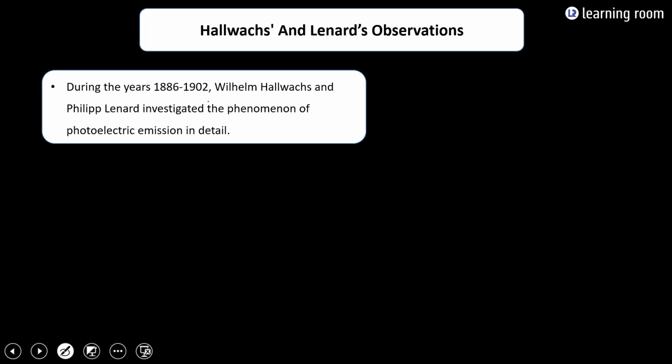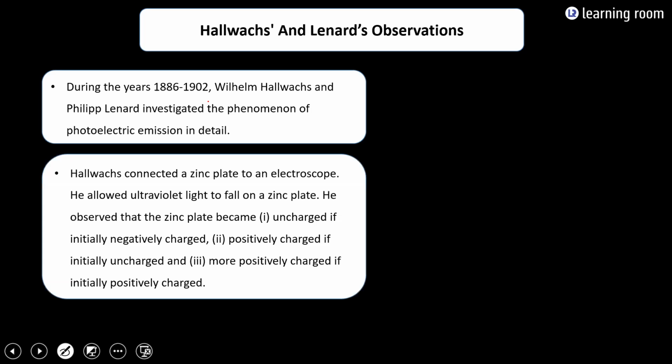Later came two other scientists, Hallwachs and Lenard. They took up this concept of why this is happening and started doing the research. During the years 1886 to 1902, Hallwachs and Lenard investigated the phenomenon of photoelectric emission in detail.